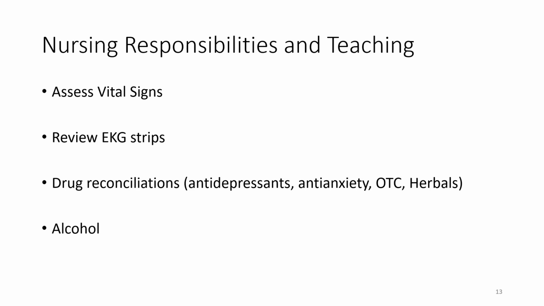So our nursing responsibilities and teaching for patients who are taking our serotonin receptor antagonists, the 5-HT3s, like ondansetron. First of all, it's going to start with monitoring our vital signs. Remember, we always want to get a baseline so that we can see what changes follow once we give that medication.